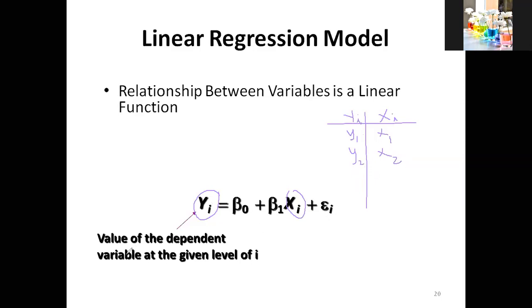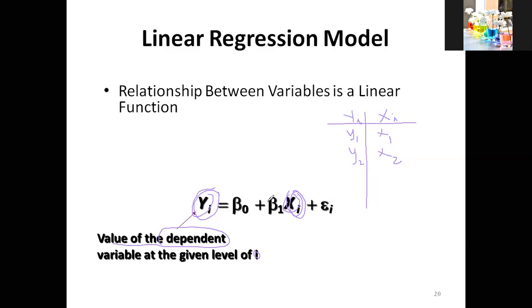So yi is the observed value of the dependent variable at a given level of i. Xi is the value of the independent variable at a given level of i. So y and x are the known factors for us, coming from the data.